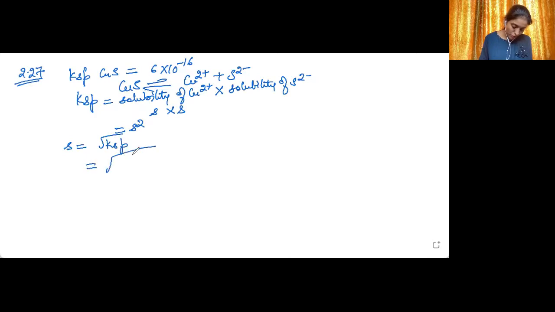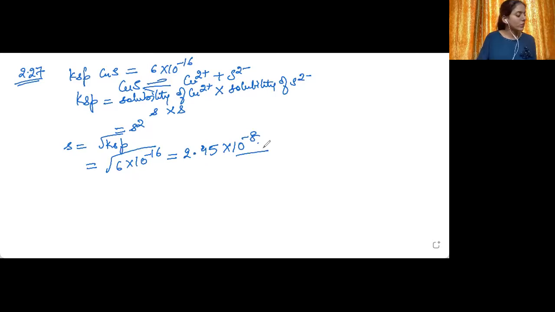So it will be equal to root of 6 into 10 raised to the power minus 16. So it will be root of 6 is 2.45 into 10 raised to the power minus 8. So this will be the maximum molarity that will be possible for copper sulfide. Okay, hope this is clear.